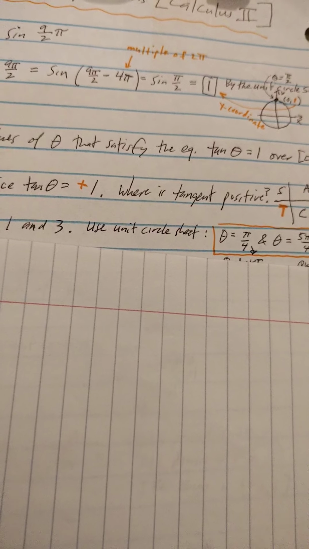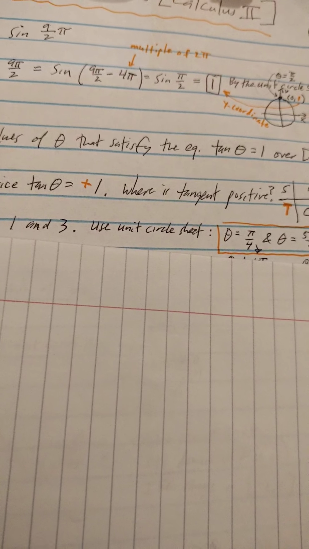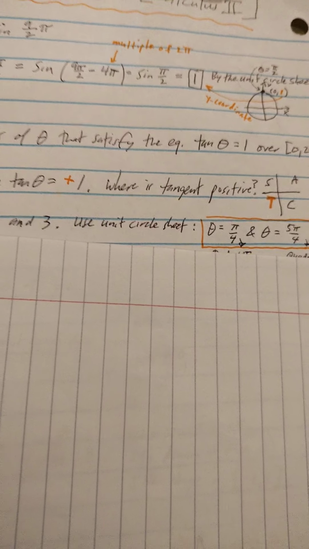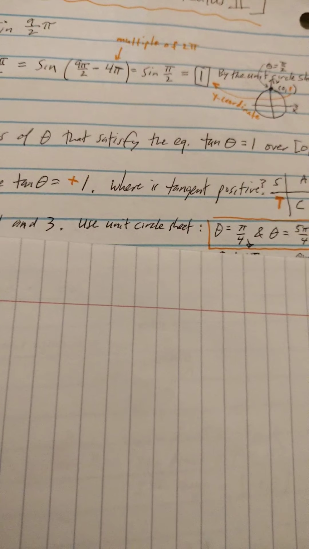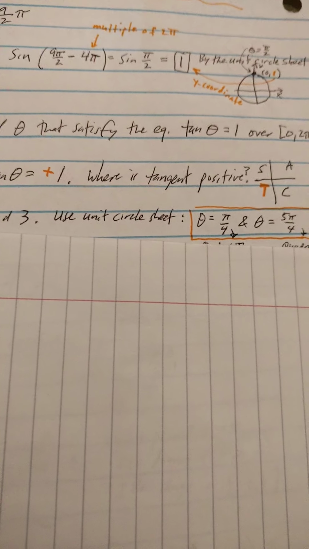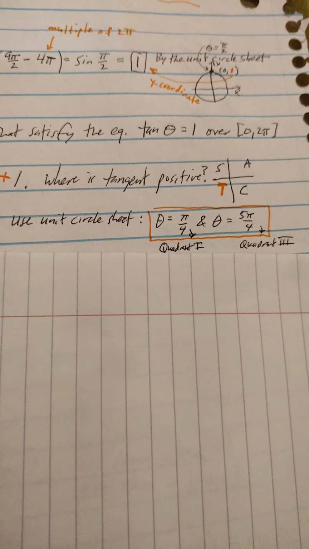So that's why the answer is going to be 1. The tangent of pi over 4 is equal to 1 because the coordinates on the unit circle are square root of 2 over 2, comma, square root of 2 over 2. And if x and y are the same, then y over x equals 1. Remember, tangent is y over x. So it's the y coordinate over the x coordinate on the unit circle.